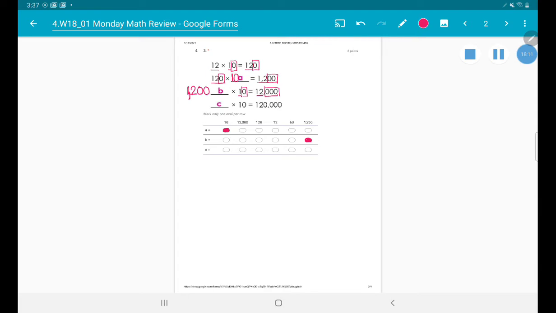And then C, what times 10 equals 120,000? We know 12 times 1 equals 12. I only have 1 zero in the factor. In my product, I have 4 zeros, so I'm going to need 3 more. So my answer will be 12,000.